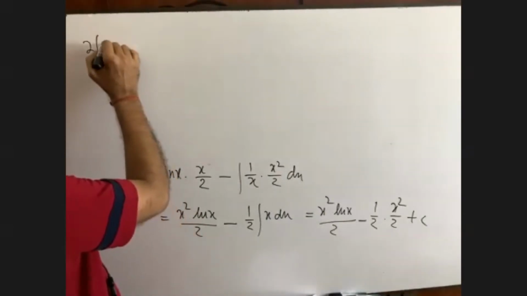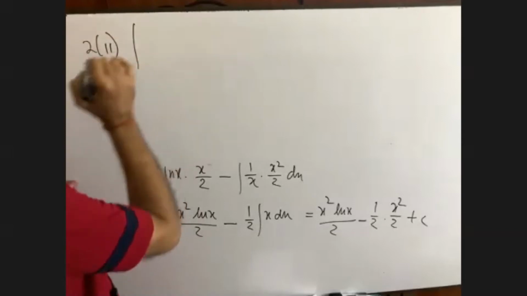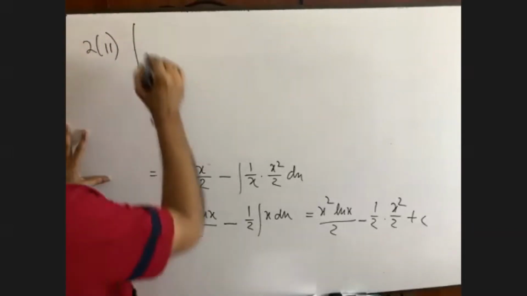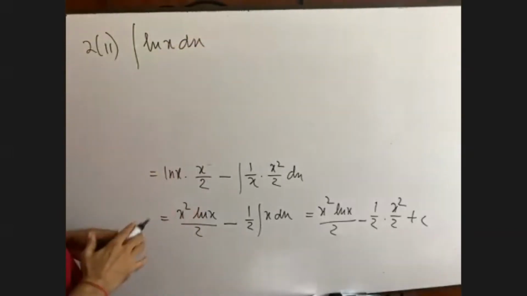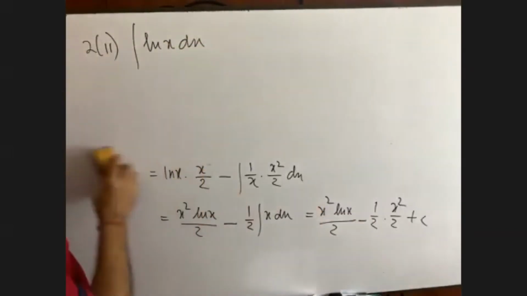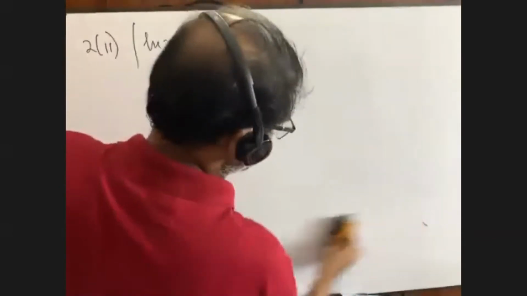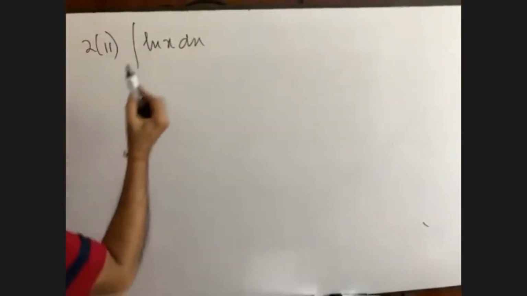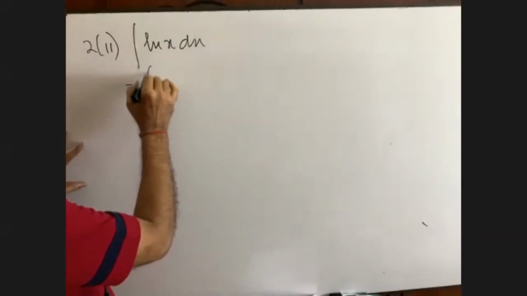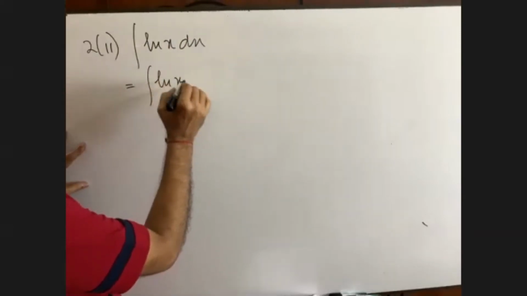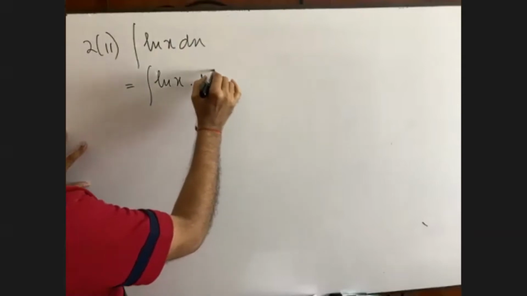Okay, again you see the integral of ln x dx. What is the math? We have only u, we don't have v. So what will we do? We write down this is ln x, this is 1 dx.